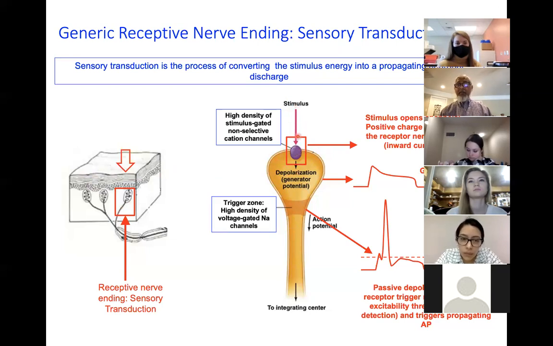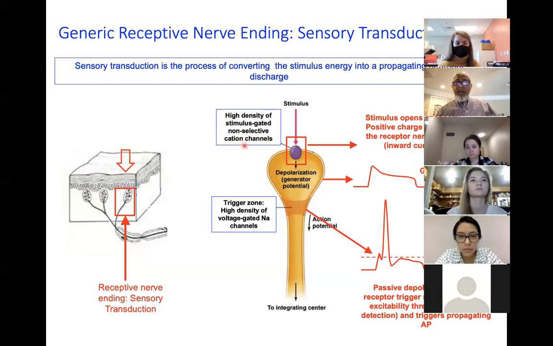When the stimulus is applied, the high density stimulus gated non-selective cation channels open. When we apply a mechanical stimulus here, these are generally not voltage gated channels. I don't know whether you are familiar with voltage gated or ligand gated channels. This signal is initiated because of the mechanical deformation, because I touch it here, it's a mechanical signal.